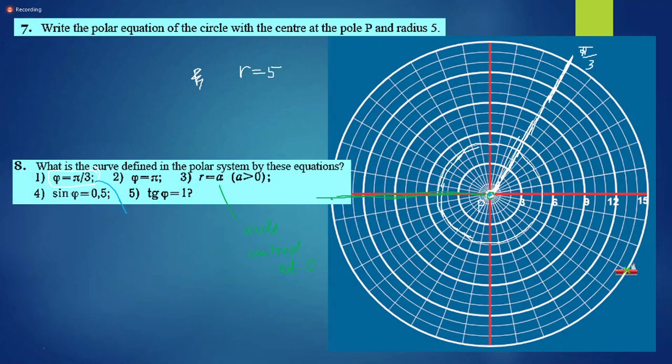Sine of phi is 0.5. What does that mean?